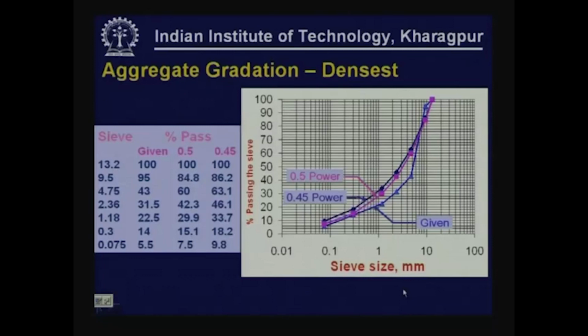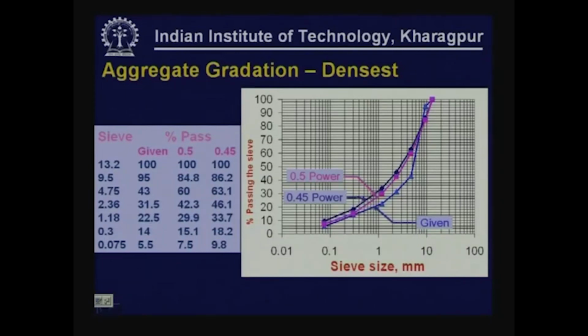This graph here shows, for example, I have taken a given gradation having a maximum aggregate size of 13.2, through which 100% of the aggregates are passing. For the same gradation, I have calculated what should have been the gradation if it were to be the densest gradation as per the 0.5 power law.